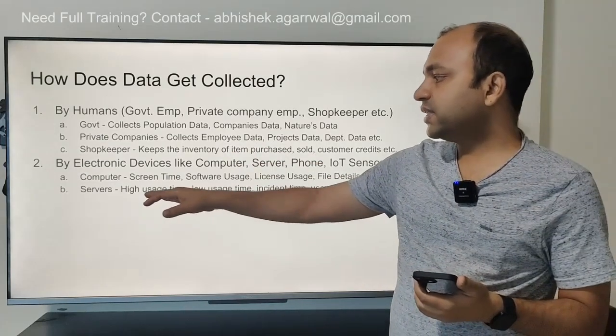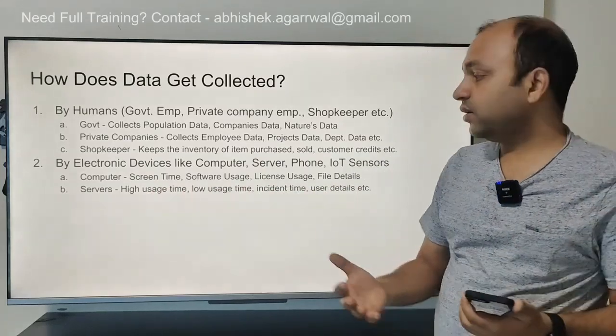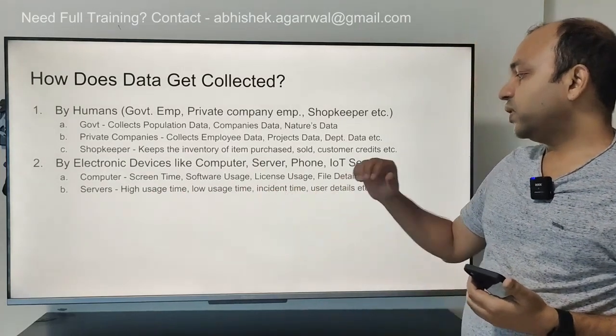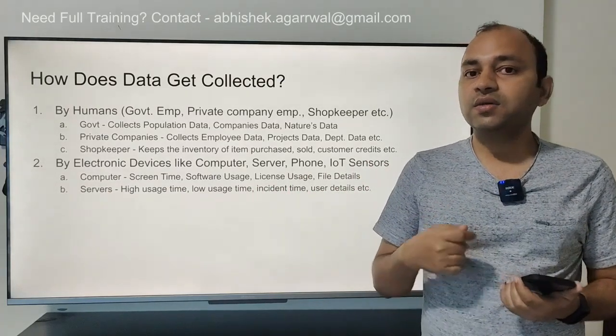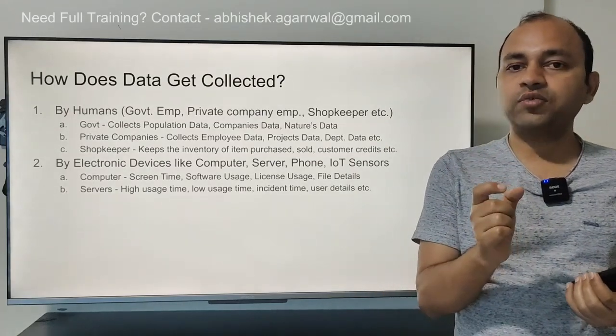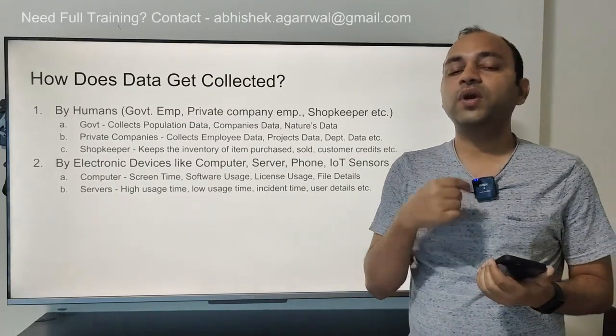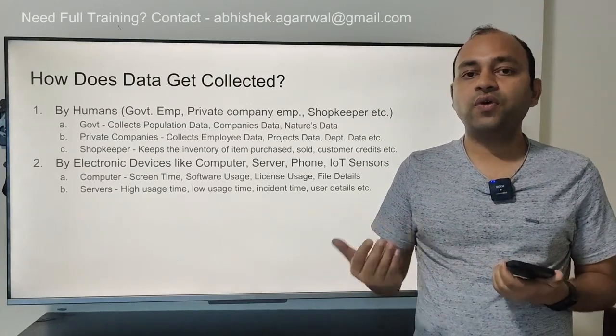A server basically captures information about when the usage is really high, when the usage is low, what is the incident, and the user details. An incident is something not working, right, or a program failing. The server captures it in the logging area so that you can evaluate the logs later and see how many incidents were logged for today.